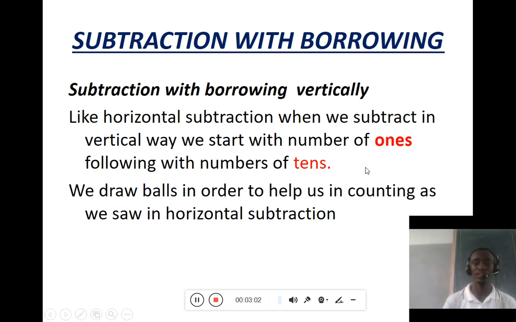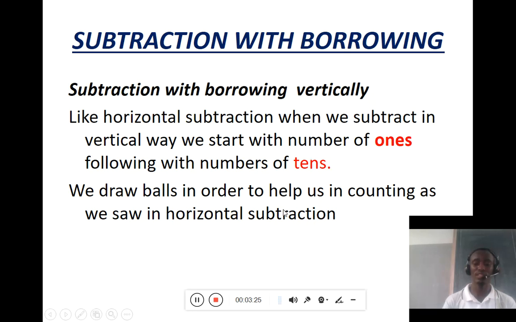Now, I know that all of us know which is the number of ones and which is the number of tens, because we have already described that. We draw balls in order to help us in counting, as we saw in horizontal subtraction. Don't be confused about the previous lesson, because others say that 0, 0 is balls.